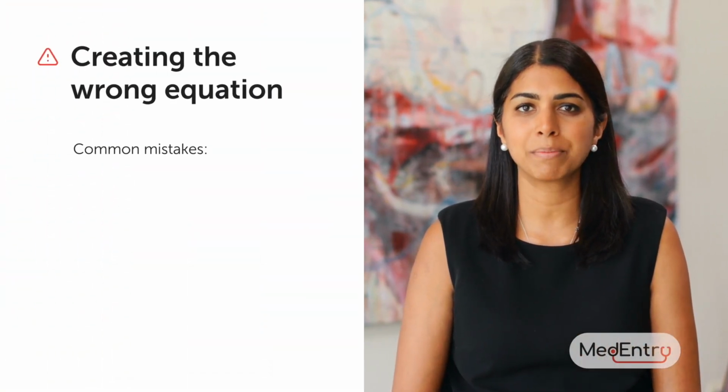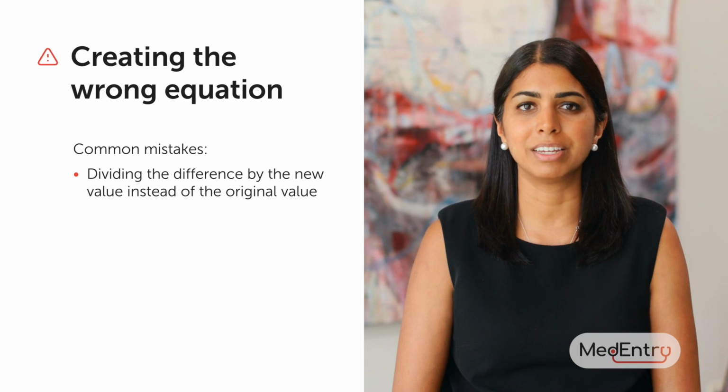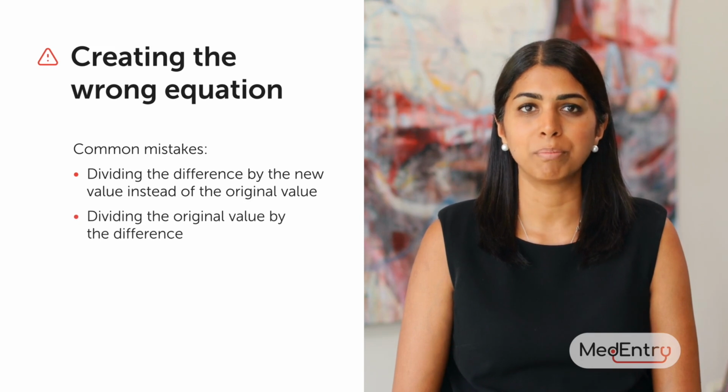Another common error when calculating percentage change is to form the wrong equation. When calculating percentage change, students commonly make the mistake of dividing the difference by the new value instead of the original value, or dividing the original value by the difference.